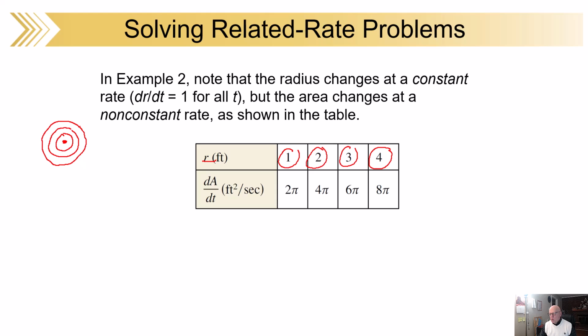The area, though, doesn't go by 1 piece per second like the radius did. This one goes 2 pi, 4 pi, 6 pi. It doesn't go up by the same amount each time. How can you tell? Well, we're not going by 1 piece at a time. This isn't going that plus 1. No, it's going up by 2 pi, another 2 pi, another 8 pi, and that's how the area is changing.